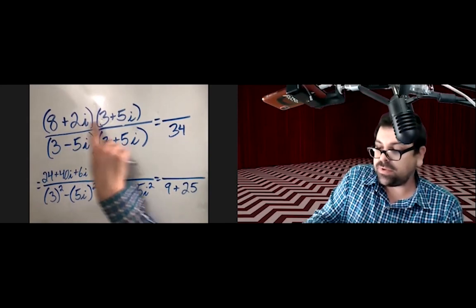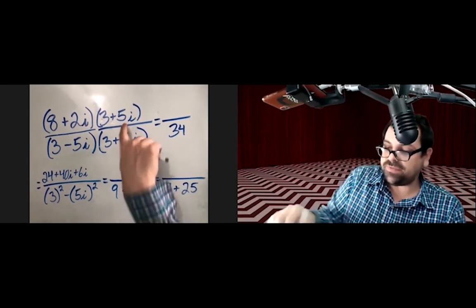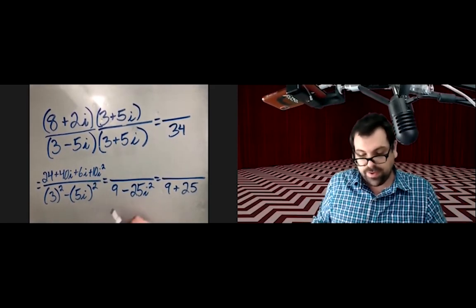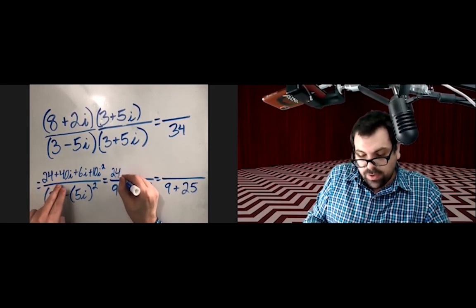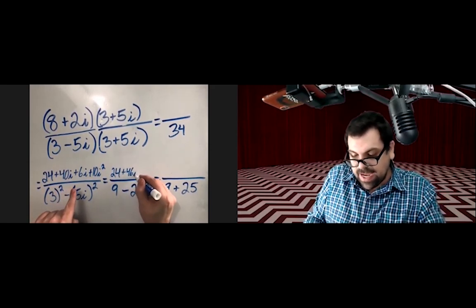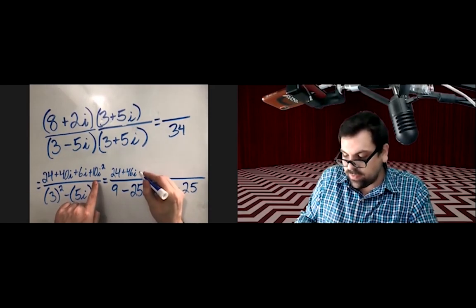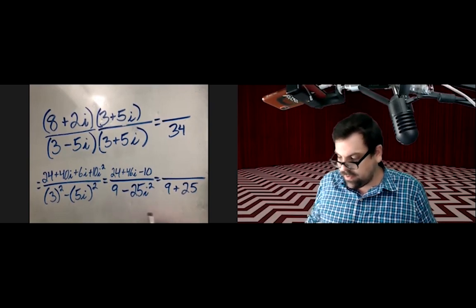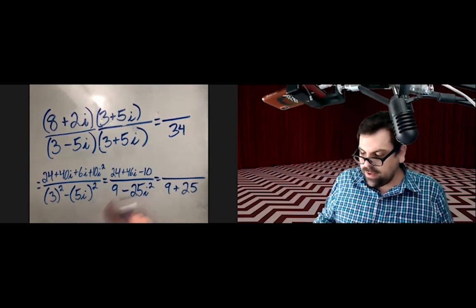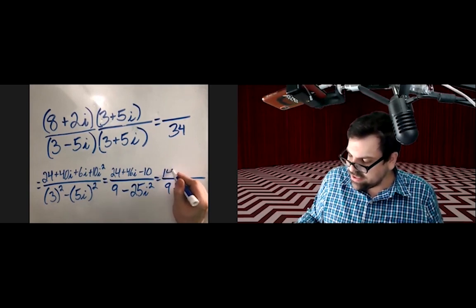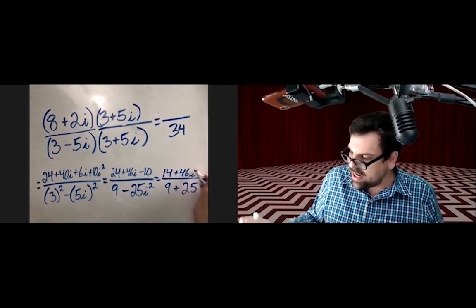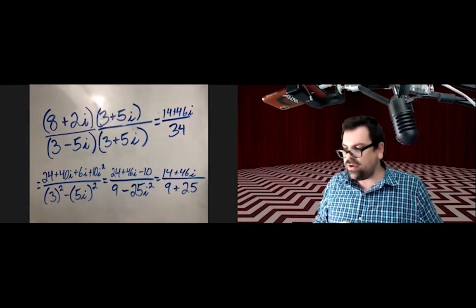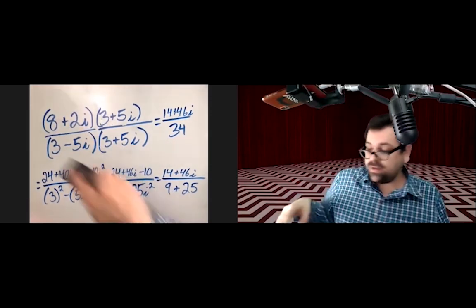And last, plus 2i times plus 5i, that's plus 10i squared. 24 plus 46i, and then plus 10i squared would be minus 10. 24 minus 10 would be 14 plus 46i. So 14 plus 46i over 34. That's how far we've got the answer.